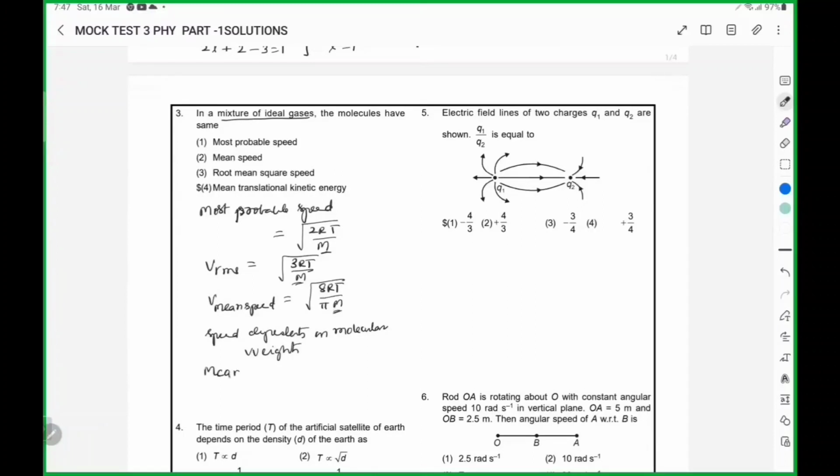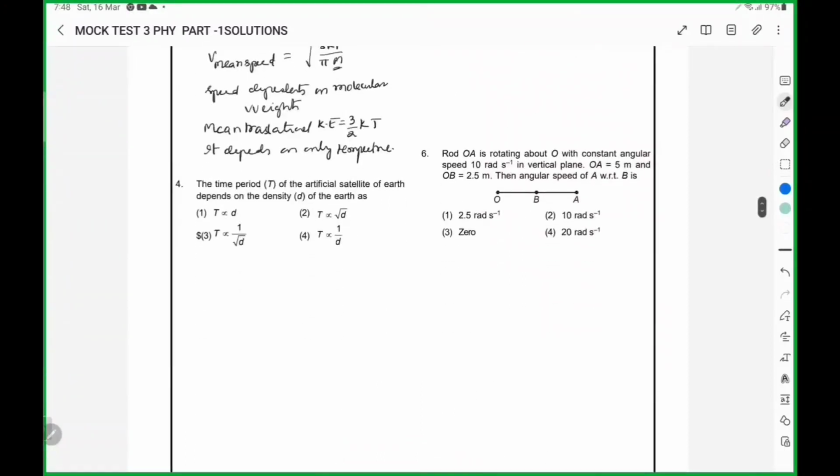But the mean translational kinetic energy is 3 by 2 kT. It depends only on temperature, so it is independent of speed. Molecules have the same mean translational kinetic energy.